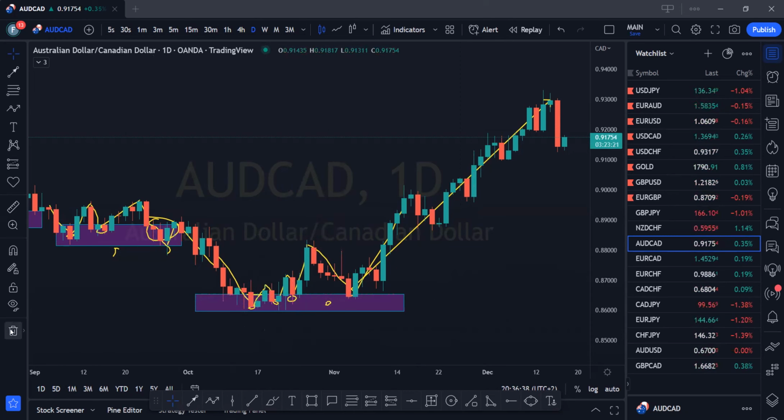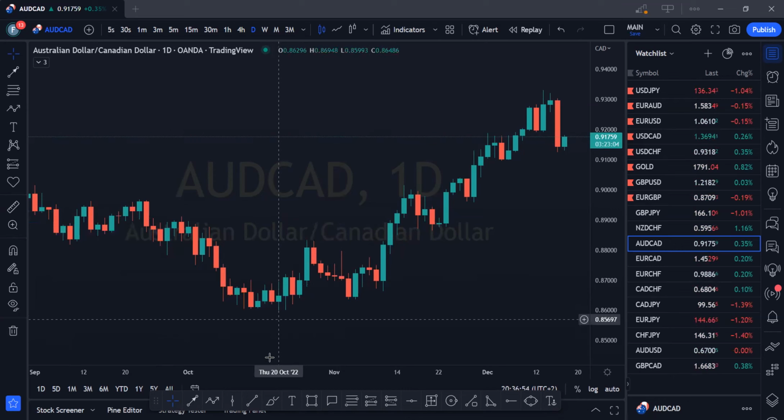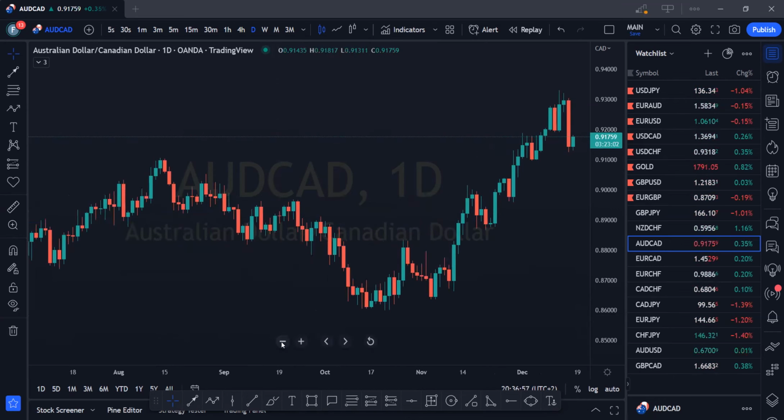So your assignment is you want to go on any currency pair, any time frame, and then start marking out your supports and resistance. So just go on any time frame of any currency pair and then play with it, right?